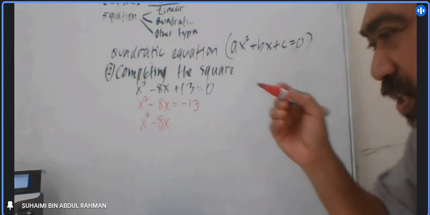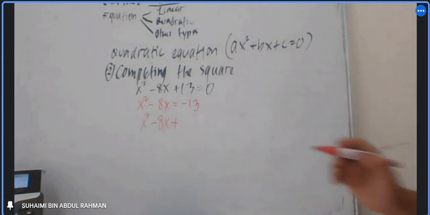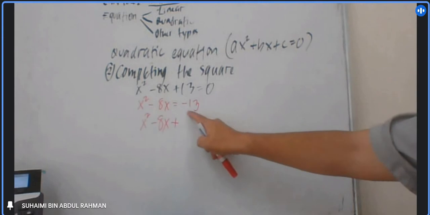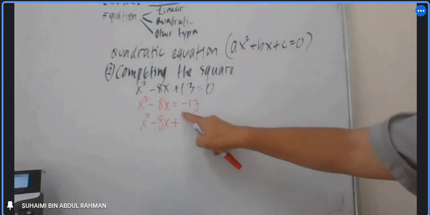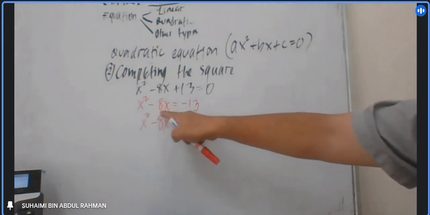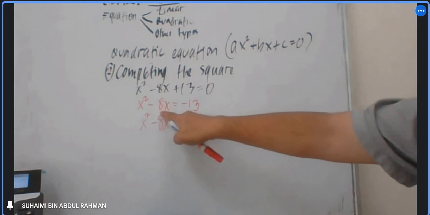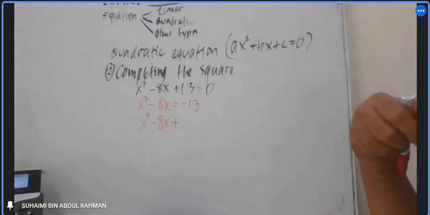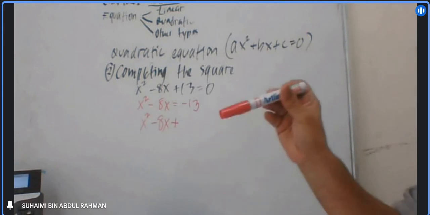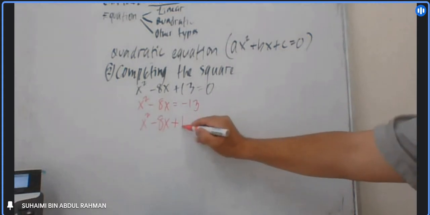Remember that for completing the square, we always add a number there. What number do we want to add here? The number that we want to add is the coefficient of x, you divide by 2 and then you square. Coefficient of x is minus 8. You divide by 2 is minus 4. And then you square, you get 16.